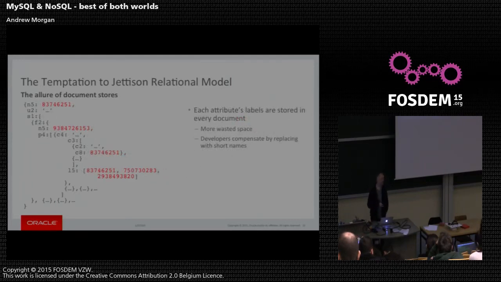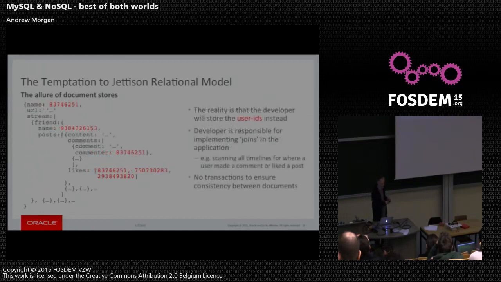And then the final thing, just to make it even a bit more ugly: in a document store, if we go back to how it looks here, you're actually consuming memory for each of these effectively column names. So for every attribute, every time you store it, you're storing the string commenter as well as the actual ID of the person making the comment. And so that's, again, very inefficient of memory.